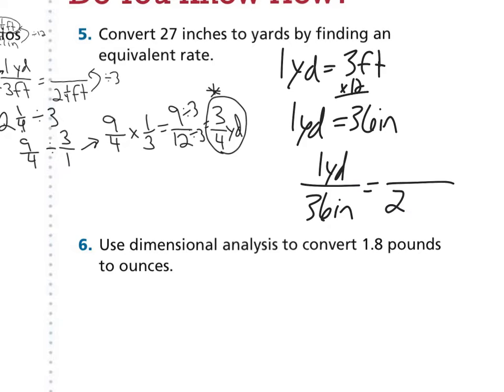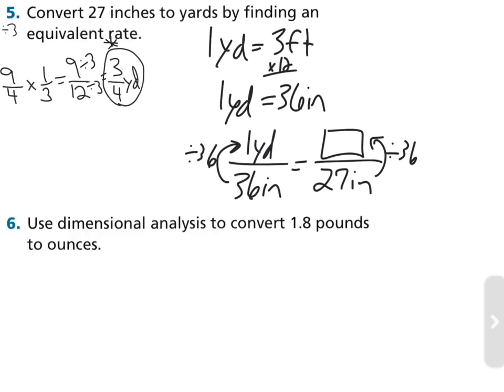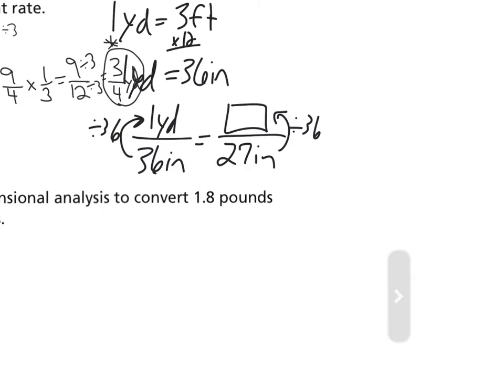And so if we have 27 inches, we could divide by 36 to find that missing spot here. 27 divided by 36 is not going to come out nicely. Don't break out your calculator on this. We can reduce both of those by 9. And then that would be 3/4.